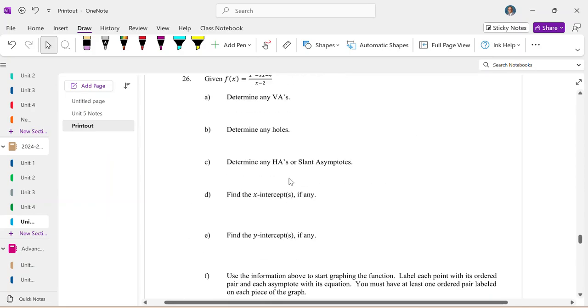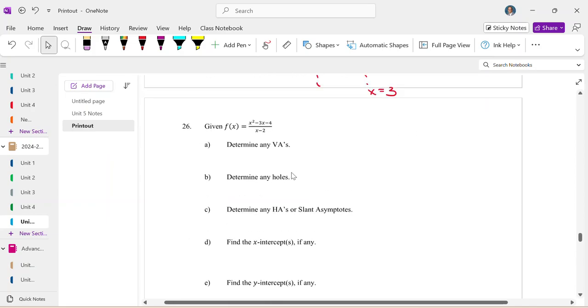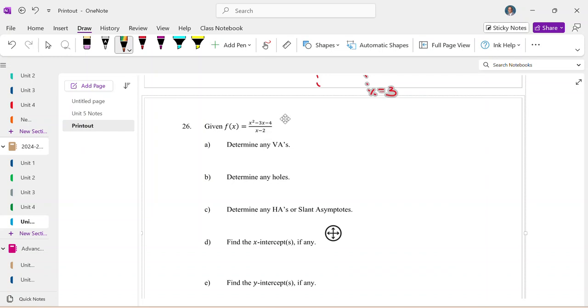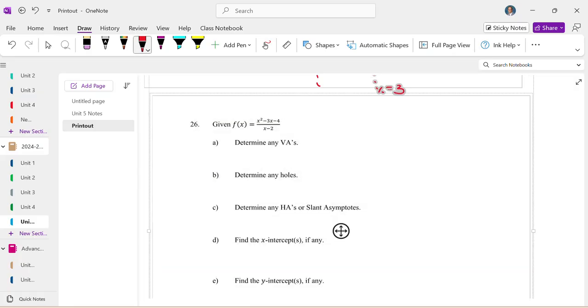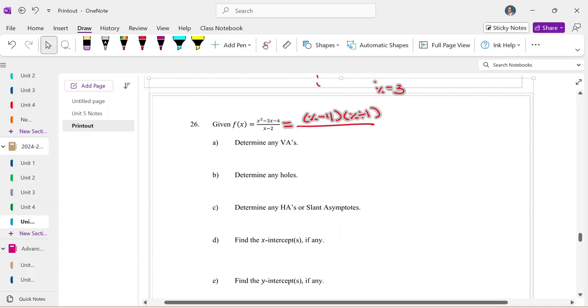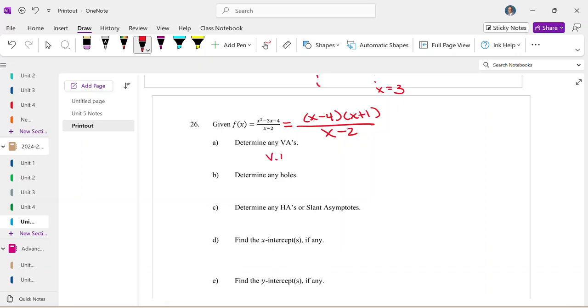All right, last one. Notice this one, we can't factor the denominator, but we can factor the numerator. But when we factor the numerator, nothing cancels. So there is a vertical asymptote at x equals 2. There's no hole. There's no horizontal asymptote because the degree of the numerator is larger than the denominator.